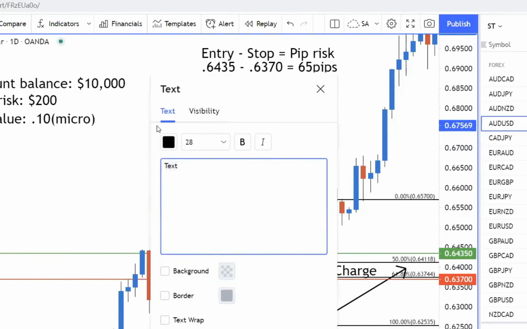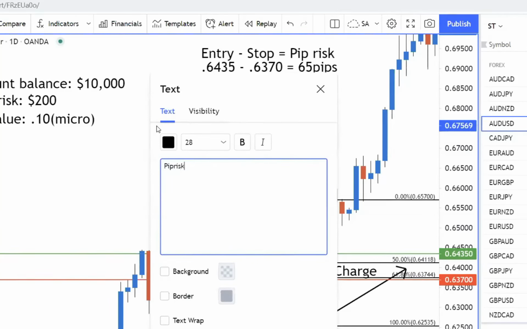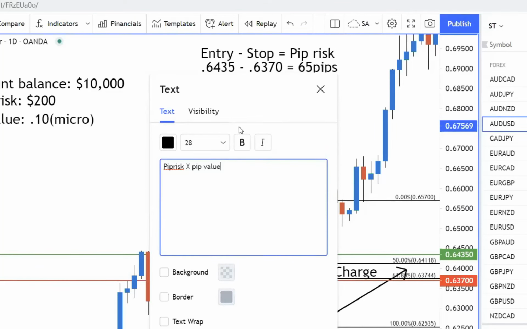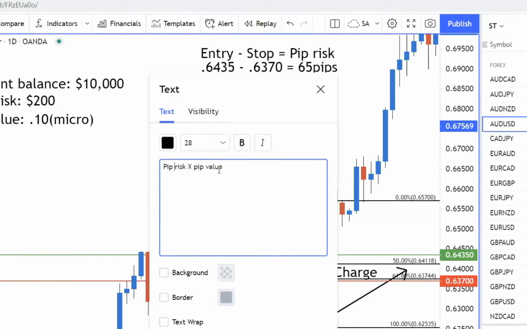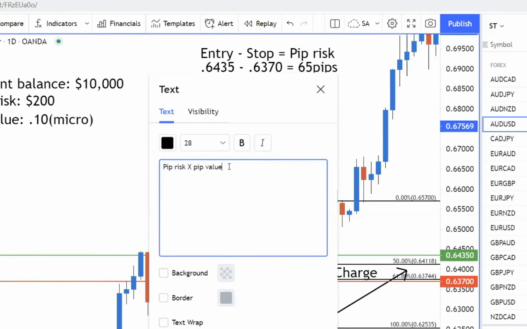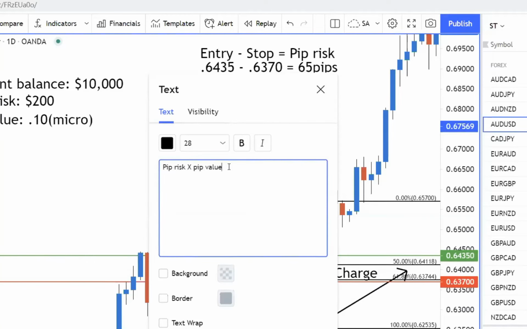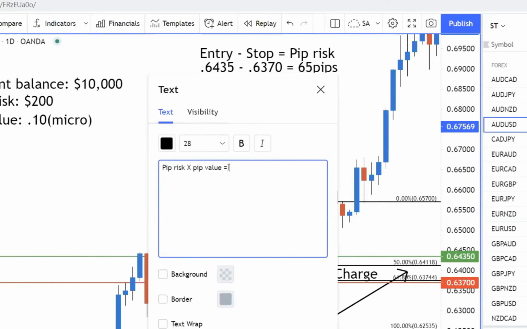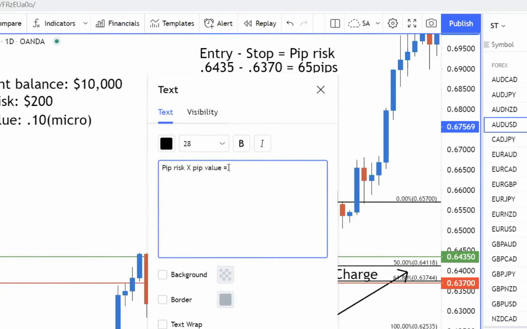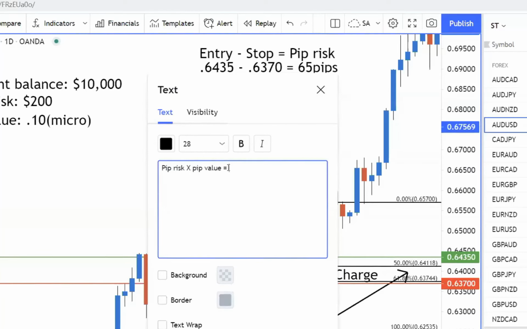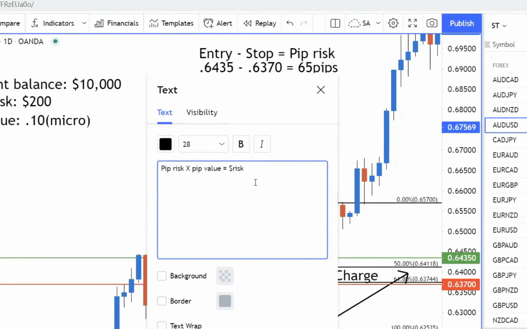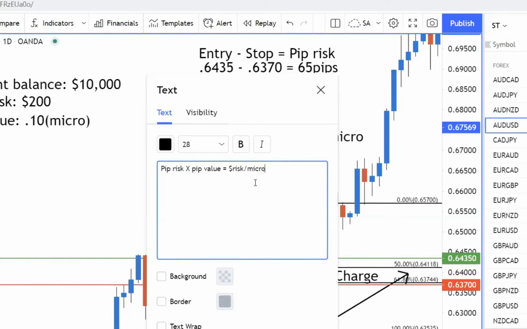Step number 2 would then be taking that pip risk and multiplying it by the pip value, right? And that's going to give us a dollar amount of risk. I'll just say dollar risk per micro.